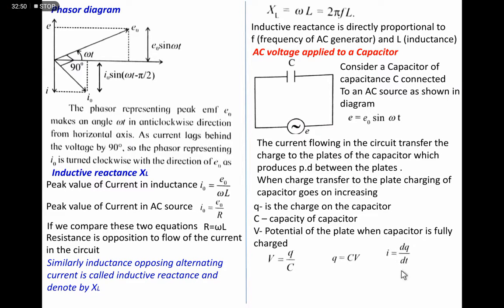So for the equation for the current, if we differentiate charge with respect to time, we'll get the current. We have to find out the current across the capacitor. Therefore, the equation is I is equal to dq by dt, but q is equal to C into E. E is the AC voltage across the capacitor, so E is equal to E0 sine of omega t.